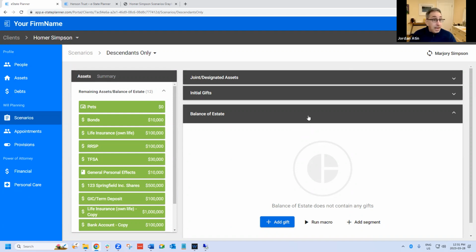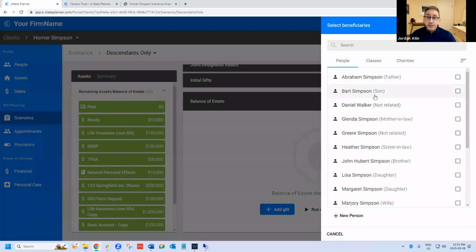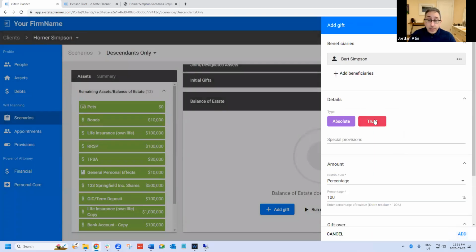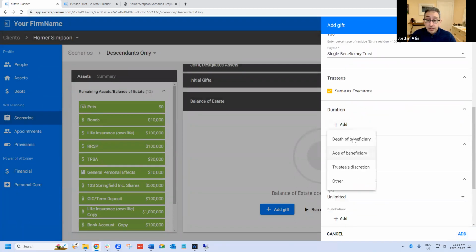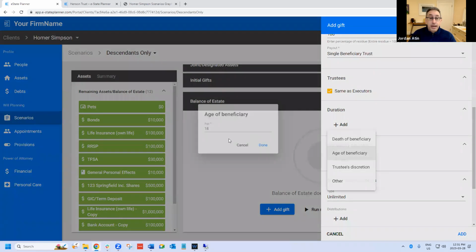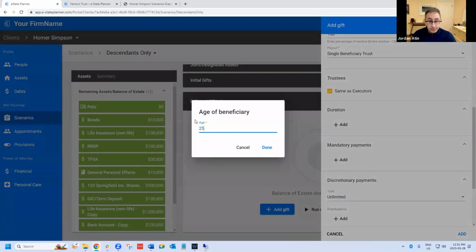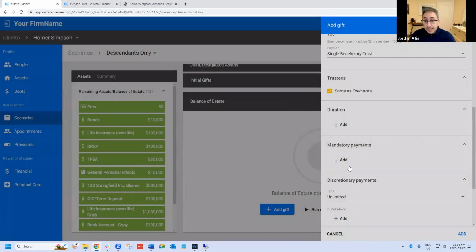So you should all be able to see my screen, and we've got Homer, but the key here is we're in the residue section. Okay, so we're going to create a gift, and we'll just take a simple gift for now, for Bart, and we'll create a trust. Doesn't really matter. We can do an age trust till age 25, let's just say, for Homer.